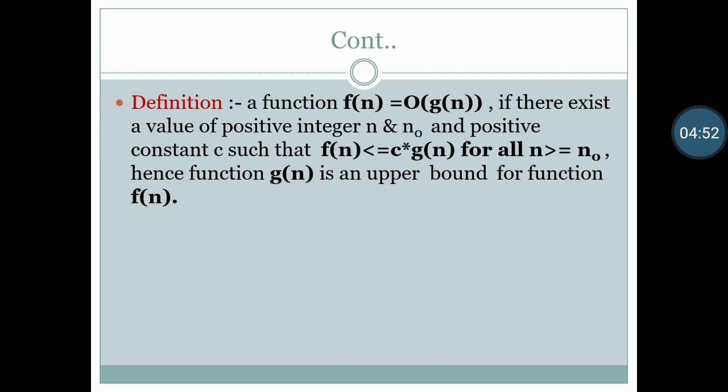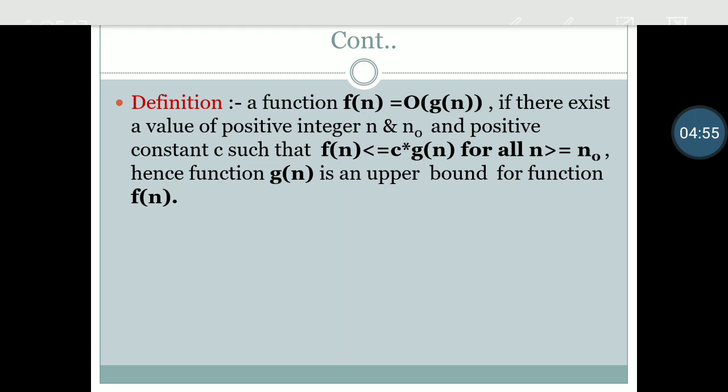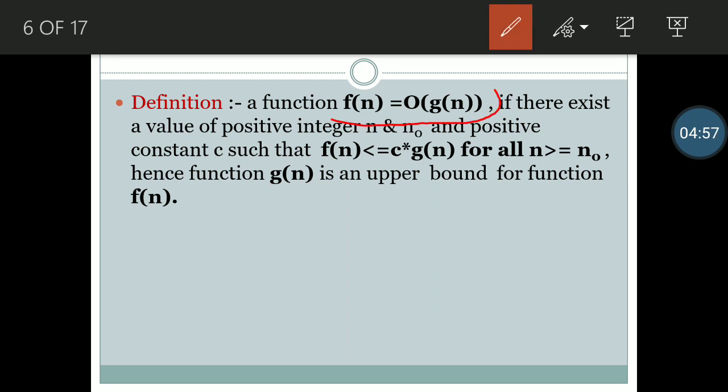A function f(n) is equal to big O of g(n) if there exist positive integers n and n0 and a positive constant c such that f(n) is less than or equal to c times g(n) for all n greater than or equal to n0.